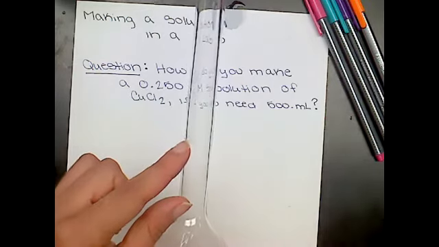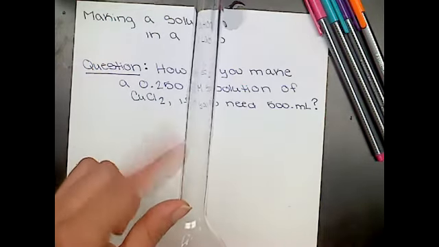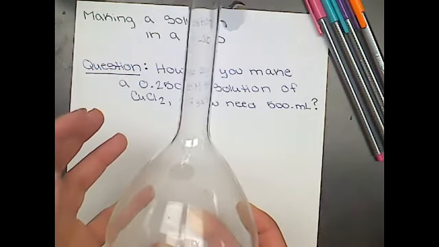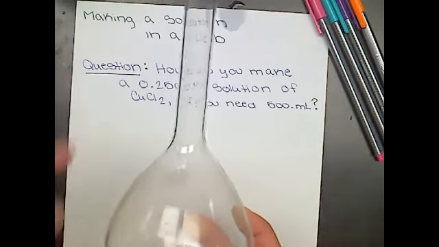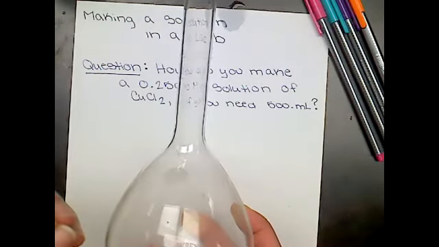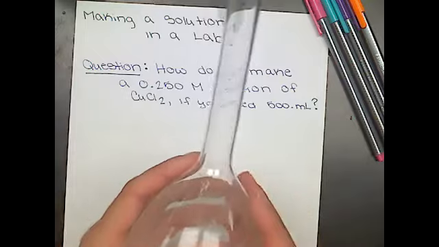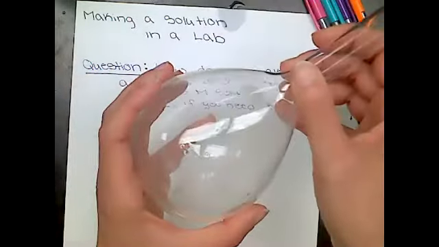So when we are done, we want our solution to be exactly at that line. Volumetric flasks are specifically created so that we can make very exact measurements for solutions. It is a very common tool, and I'll show you how to use it.